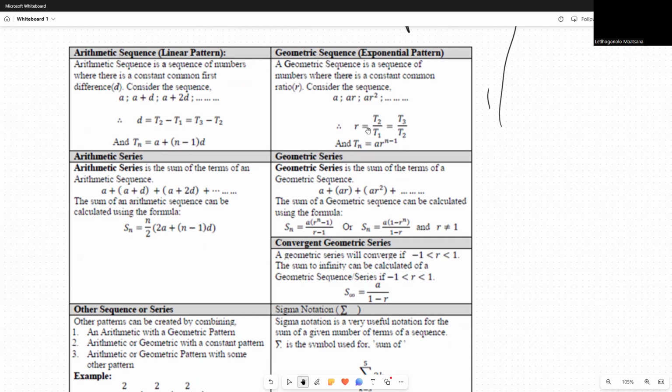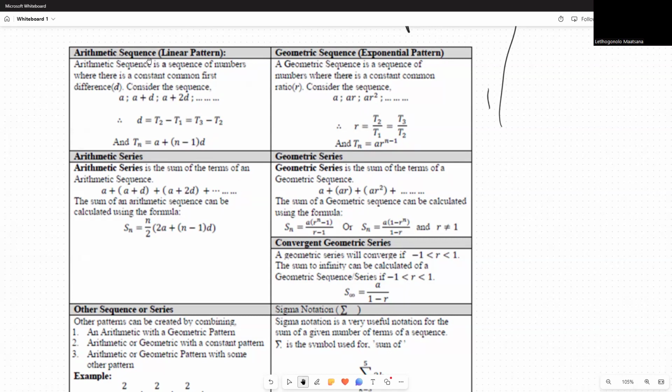To get r, we say the term after divided by the term before. Our general equation says Tn is equal to ar^(n minus 1), where a is our first term, n is our term number, and r is our common ratio.